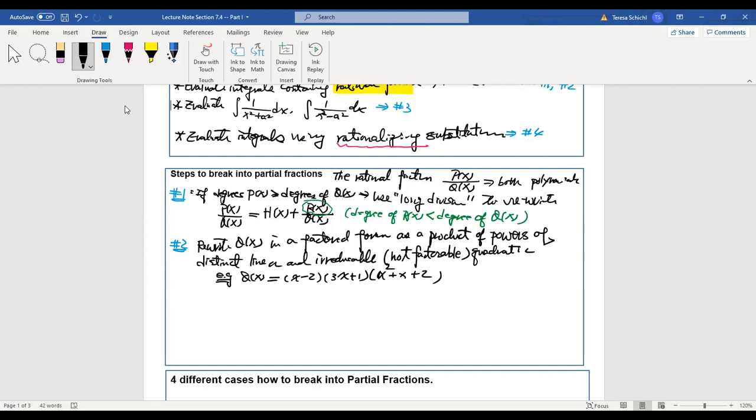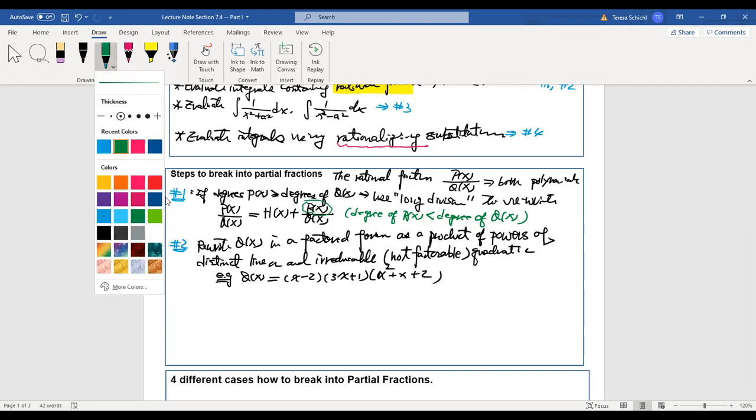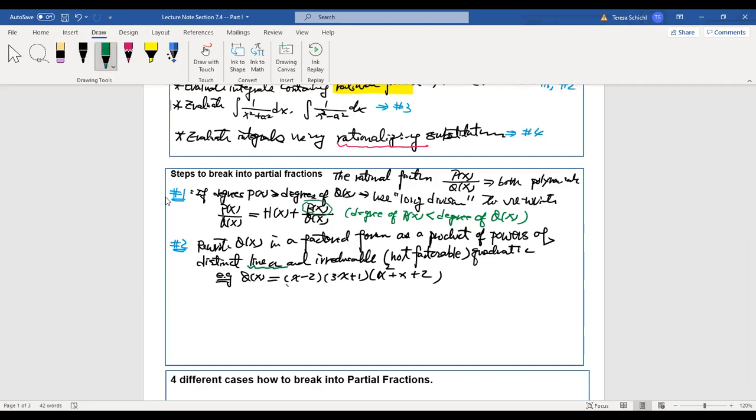You factor that into the product of the linear and the quadratic factors. When we say linear here, that is what we call linear, and this is the term we call the quadratic.